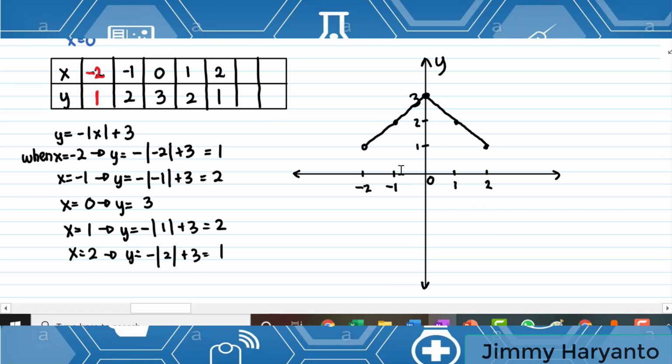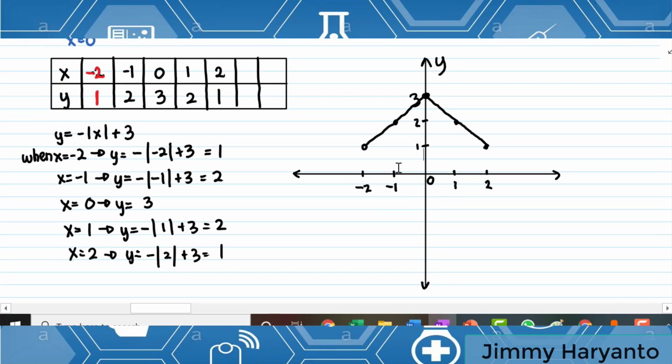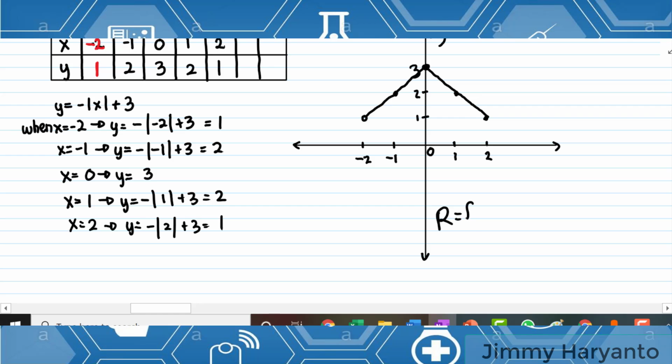Okay, next we have to find the range. Oh yeah, state the range of the function. The range is the set of values of y, so focus on the value of y.